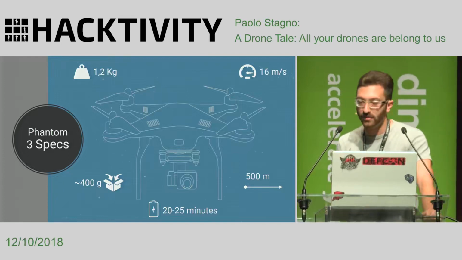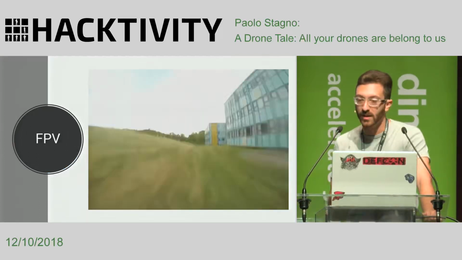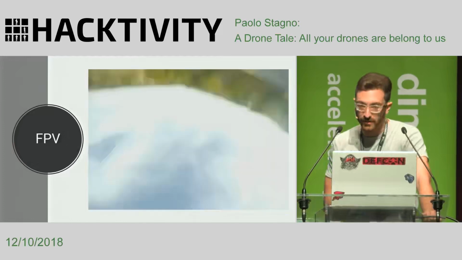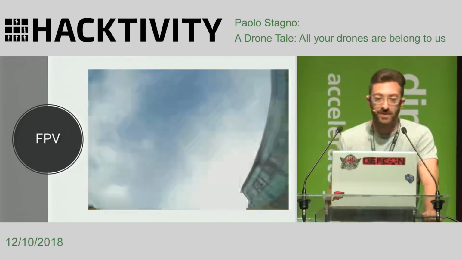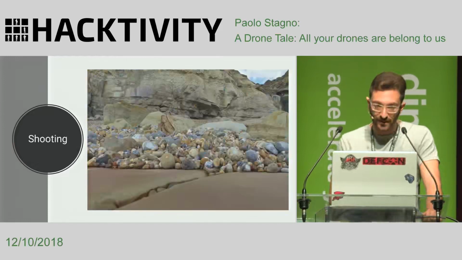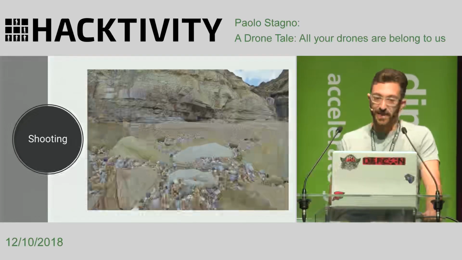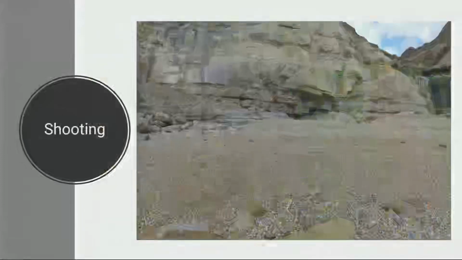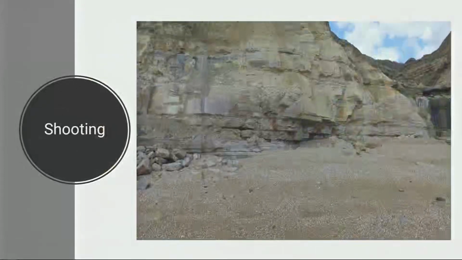As I was mentioning earlier, it is an excellent platform for the stability of its shots. Okay, I'm joking. This is the video feed of a race drone. While this is the real video footage of a drone.